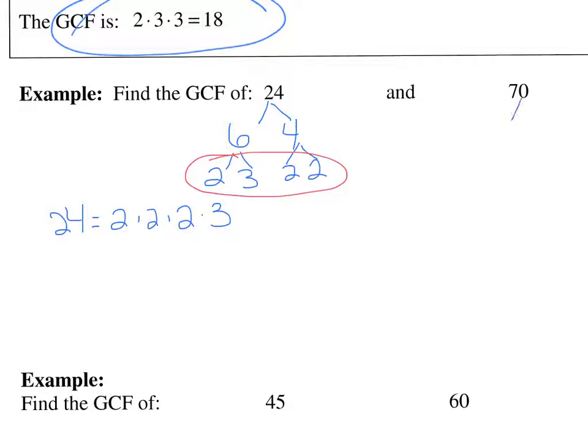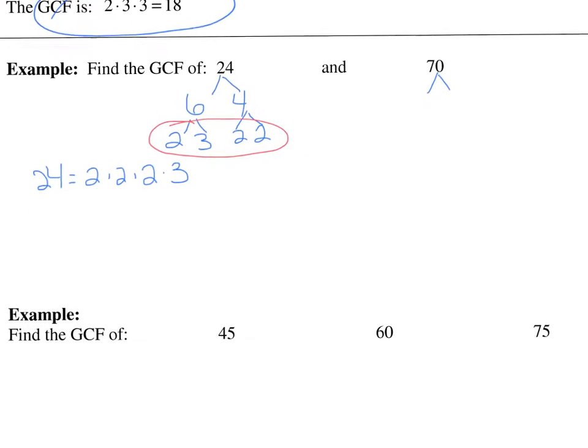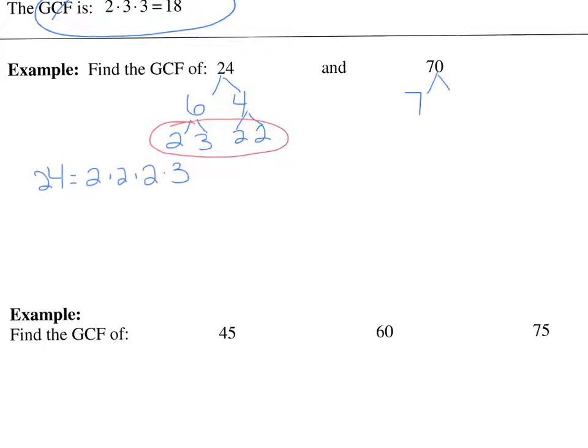And then we'll do the same thing with 70. 70 is 7 times 10. Turns out 7 is prime. It doesn't break down any further, but 10 does. 10 is 2 times 5. So the prime factors of 70 are 2 times 5 times 7.